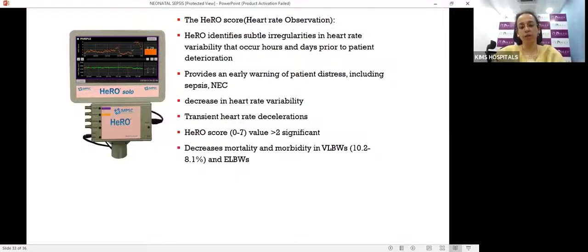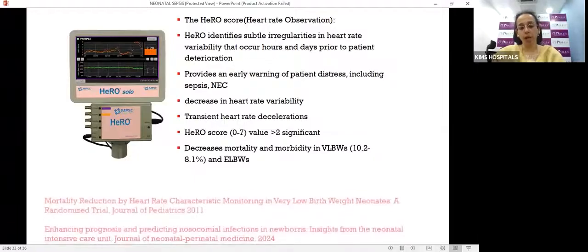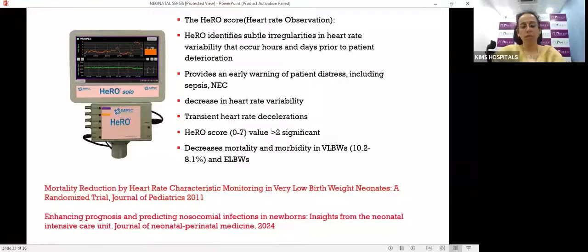Monitoring with this HeRO score has been shown to decrease the mortality and morbidity in VLBWs from 10.2% to 8.1%, with similar outcomes in extremely low birth weight babies. These are the different studies which have been done on the various parameters that I have discussed above.